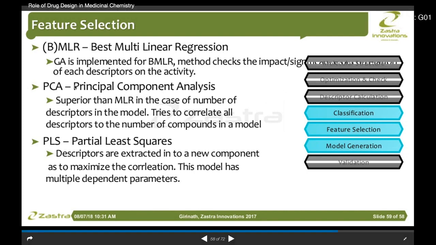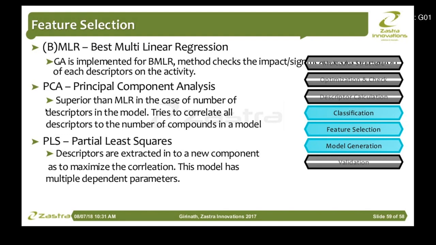Right. So best MLR is a combination of genetic algorithm with MLR. It uses genetic algorithm for feature selection, and those descriptors will be used to correlate with the activity using linear regression. Then we have PCA, that is principal component analysis.